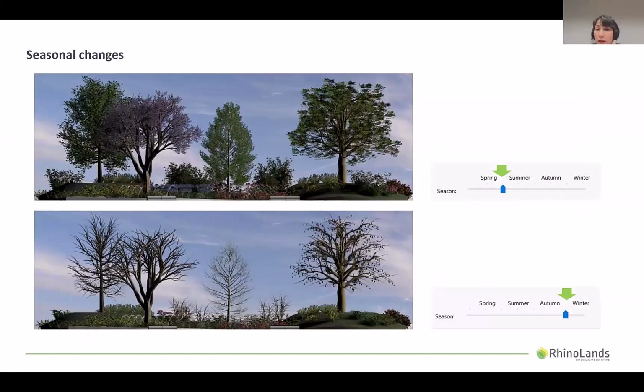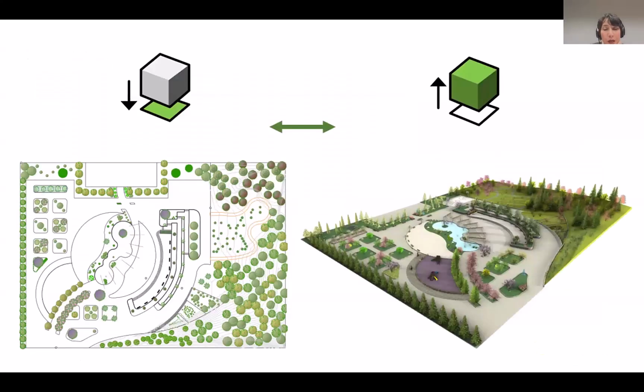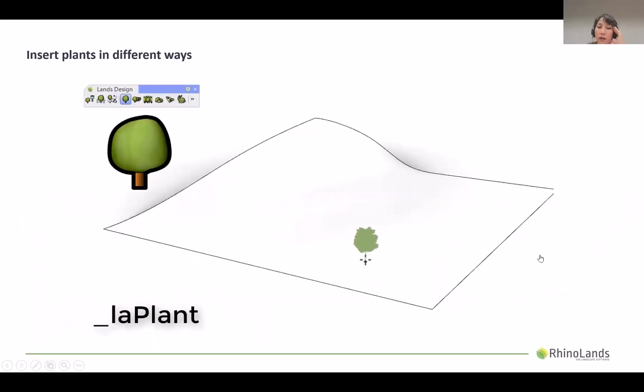By moving a slider, we can easily get an impression of how our landscape would look. We can switch between 2D and 3D easily just by one click. As you see, there are specific blocks that are going to be used in the 2D environment, and in 3D, we have realistic 3D blocks.